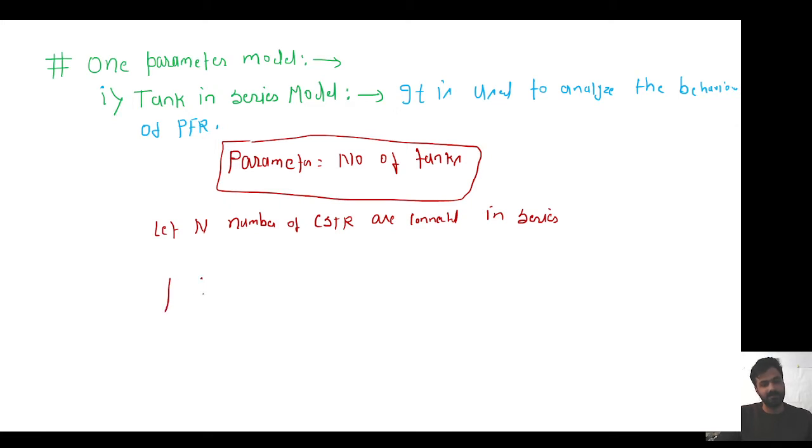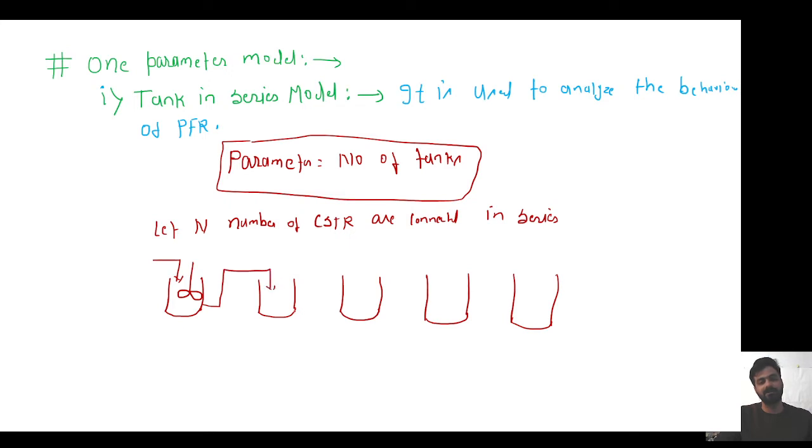Here there is a CSTR, there is an inlet, and all the CSTRs connected over here have the same volume. It is my assumption because it makes things very easy. So the outlet, and again here it is in series.